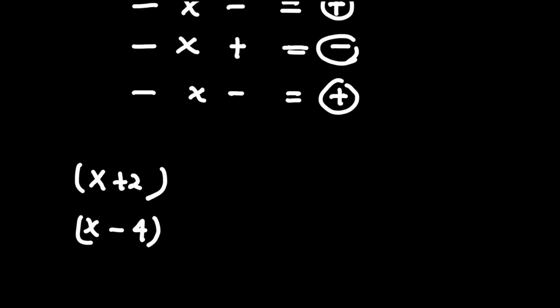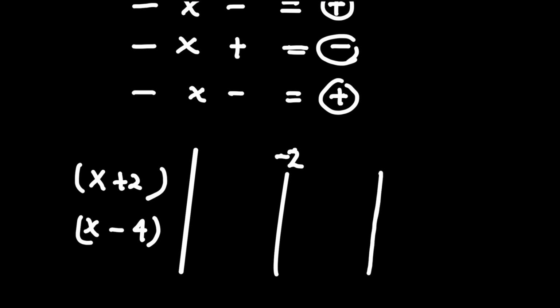So we're going to write the critical values here, which is minus 2 and 4, right? Okay, so basically choose any value of x that is less than minus 2. Let's say minus 3. Then if you put minus 3 in the place of x in x plus 2, we're going to get a negative value.